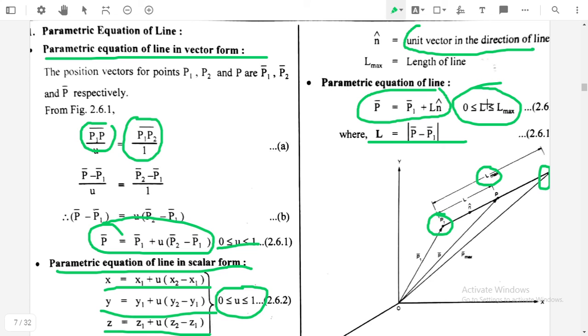Okay, so what we have discussed in today's lecture is the types of curves. There are two main types of curves: one is the analytical curve, and the other is the synthetic curve. What is meant by an analytical curve?